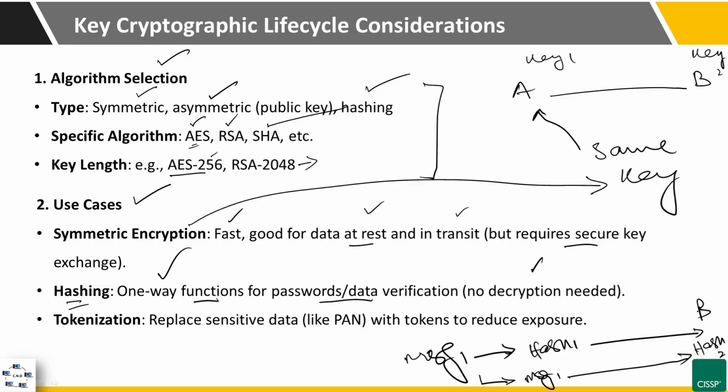Party B then compares the hash it received with the hash it computed from the message. If they are equal, it means the message is original, not tampered with, not altered, and that is how hashing works. We will study it in detail.